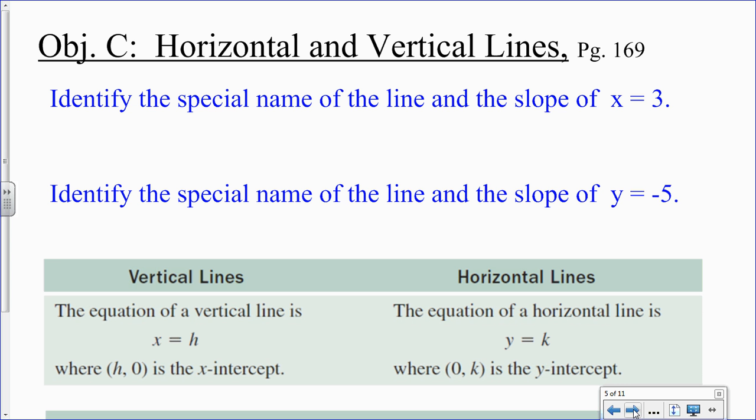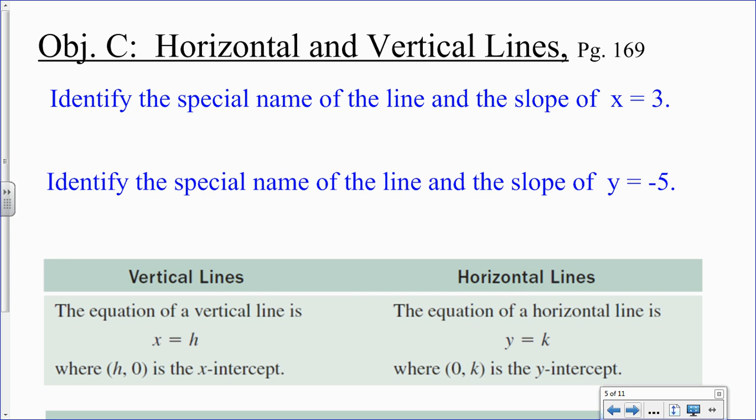All right. So we'll talk about special cases, horizontal and vertical lines here. All right, the special name of a line of x equals 3. So that's the equation of the line. So if I have x equals 3, here I am at 3 on the x.